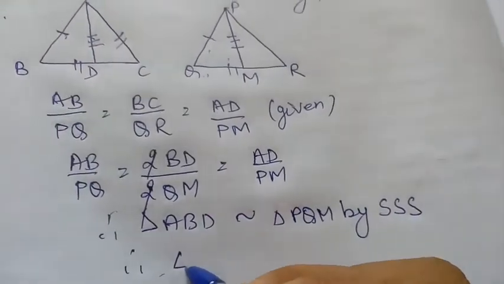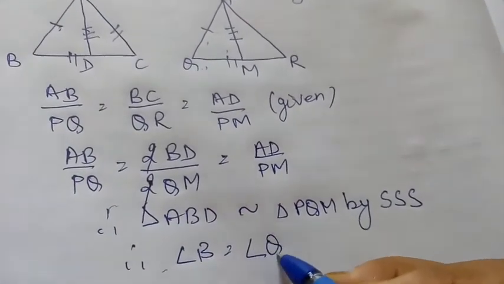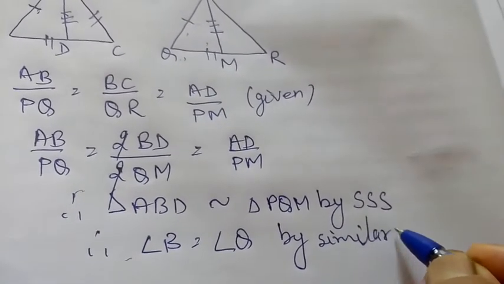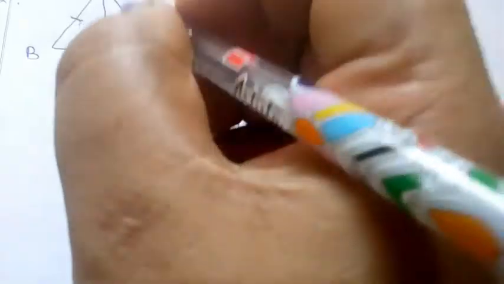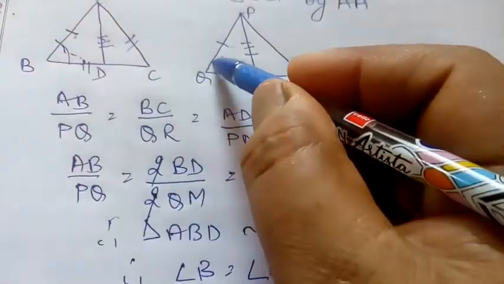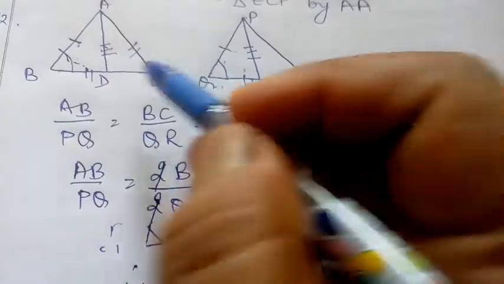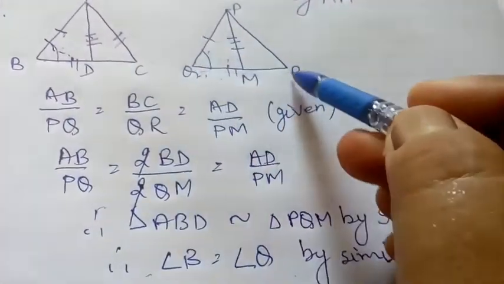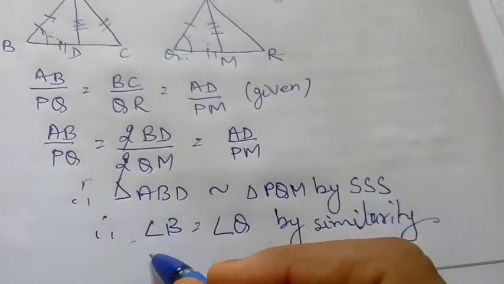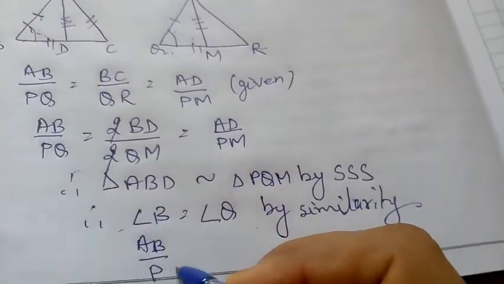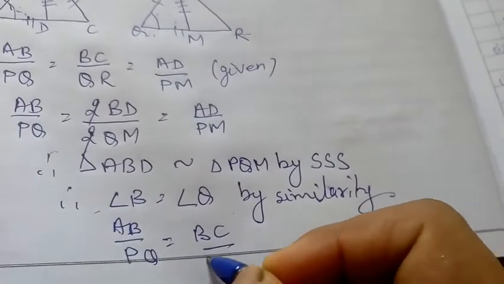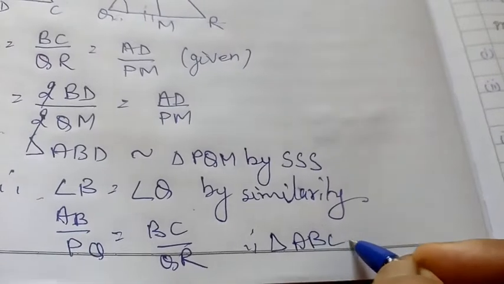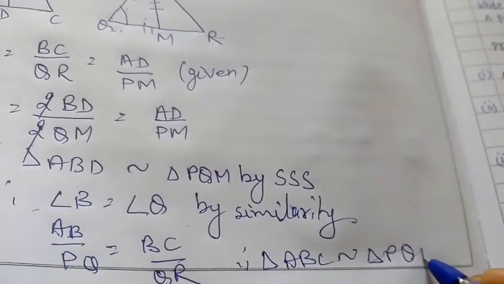Therefore, angle B equals angle Q by similarity. Angle B equals angle Q, AB upon PQ equals BC upon QR. Therefore, triangle ABC is similar to triangle PQR, since B equals Q and AB upon PQ and BC upon QR are already given.